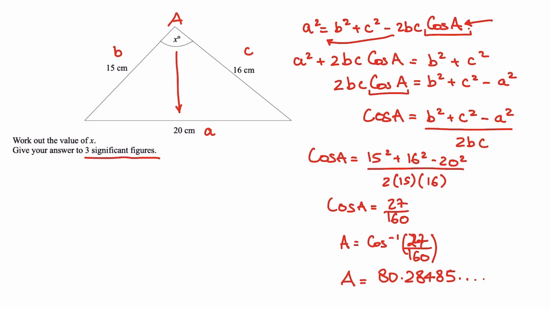So my three significant figures are 80.2, and the first number after the three significant figures is the 8, so I must round up. So A will be equivalent to 80.3 to three significant figures.